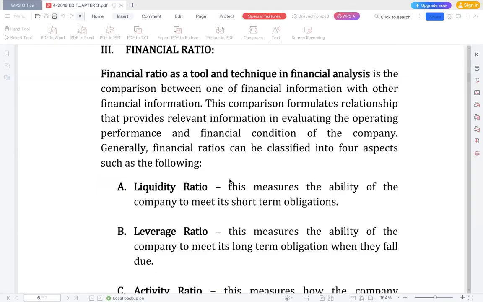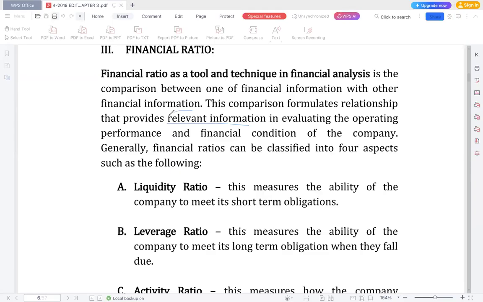So we are going to divide an item in the balance sheet account versus another item in the balance sheet account, or an item in income statement versus an item in income statement, as well as balance sheet versus income statement, and vice versa. This comparison formulates relationship that provides relevant information in evaluating the operating performance and financial condition of the company.